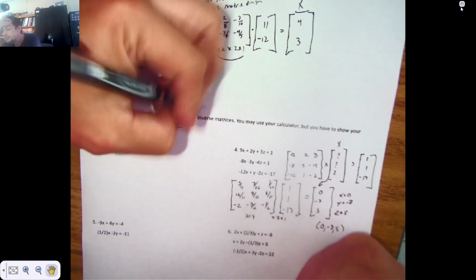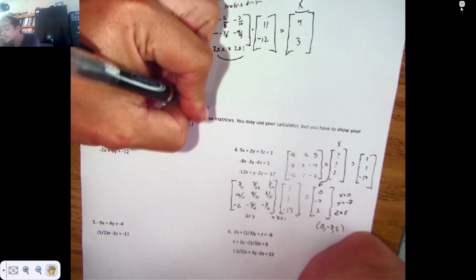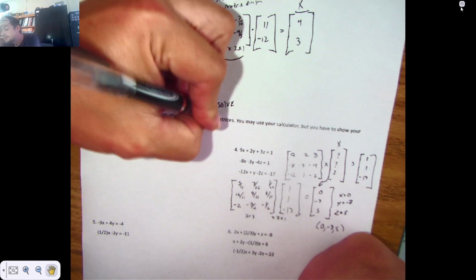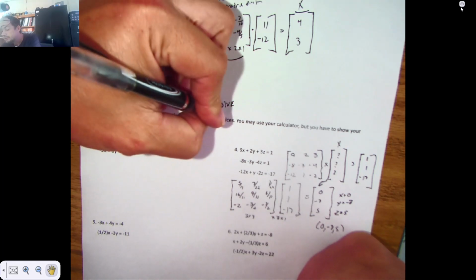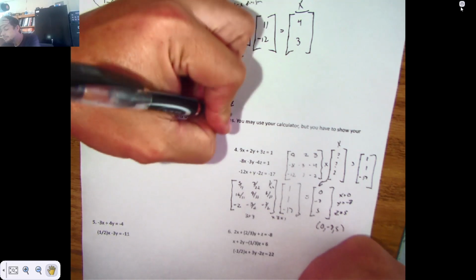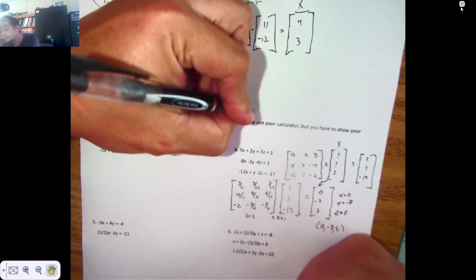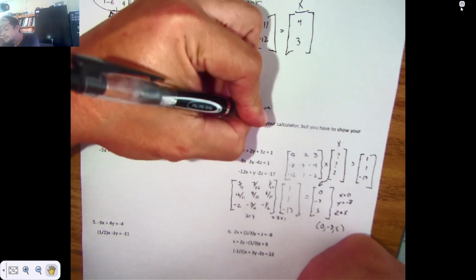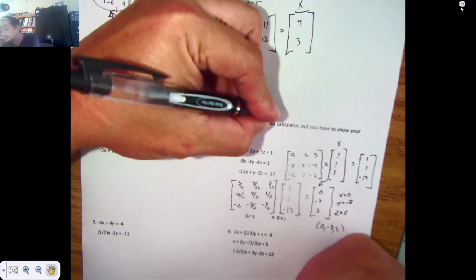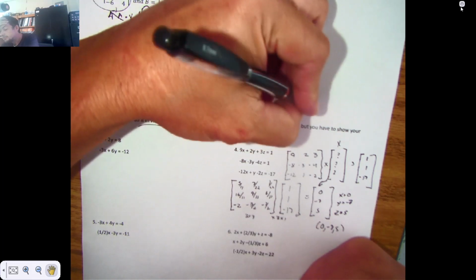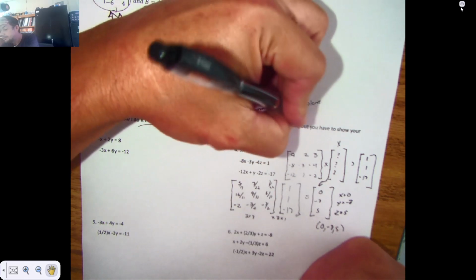What it cannot do is solve inconsistent systems. Well, let me just say this. It cannot determine if a system is inconsistent or dependent.